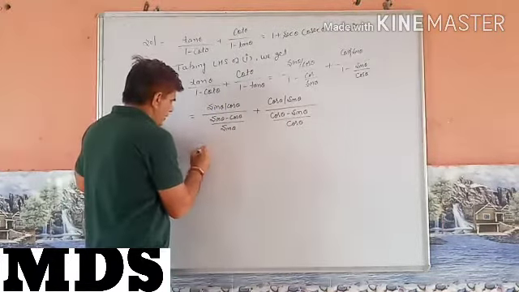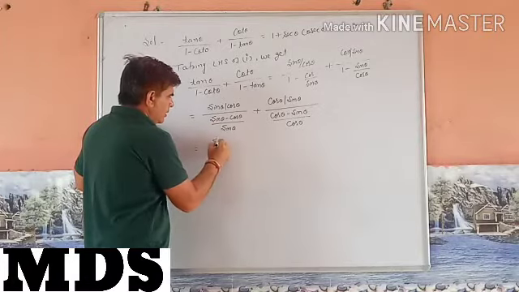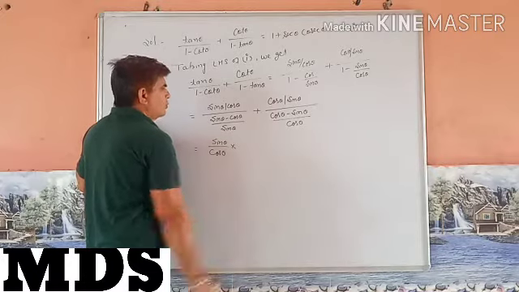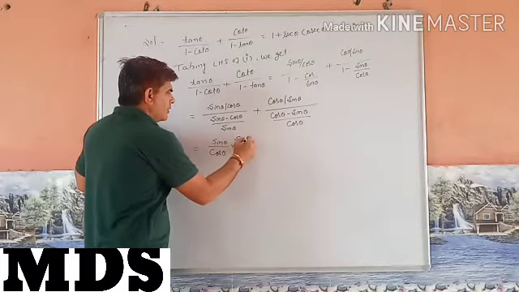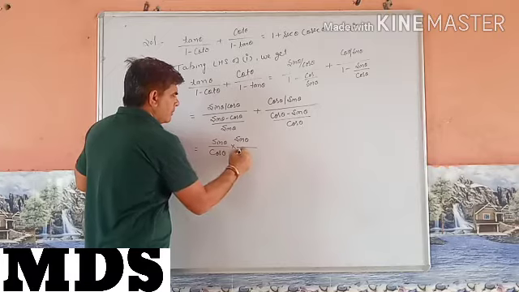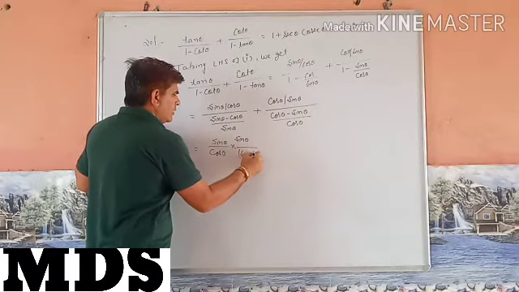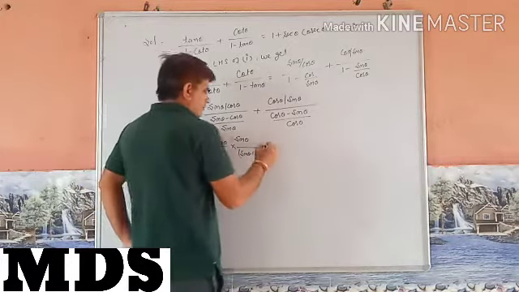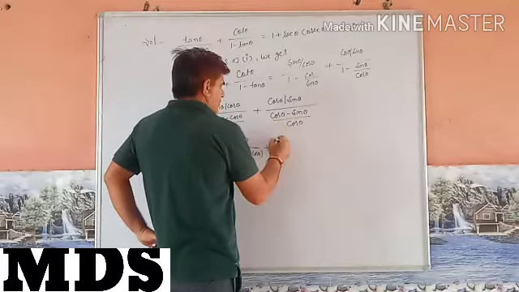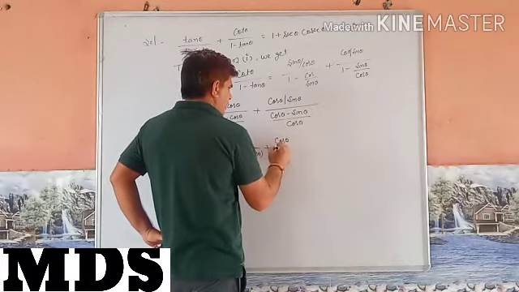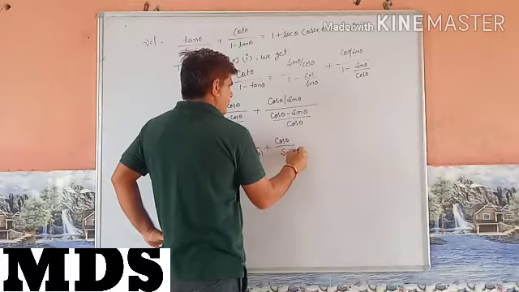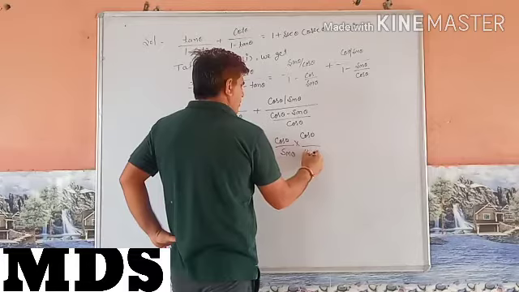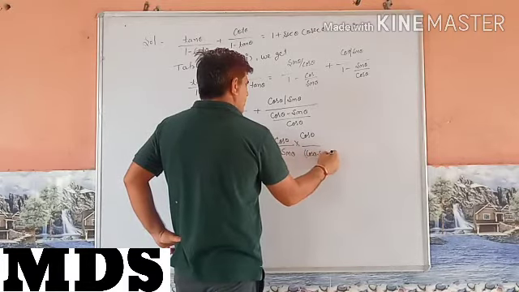So write like this: sin theta by cos theta into this coming upside, sin theta by sin theta minus cos theta, plus cos theta by sin theta into cos theta by cos theta minus sin theta.